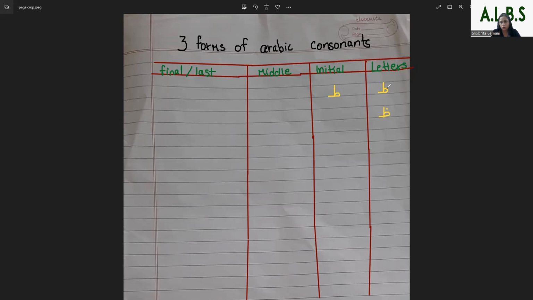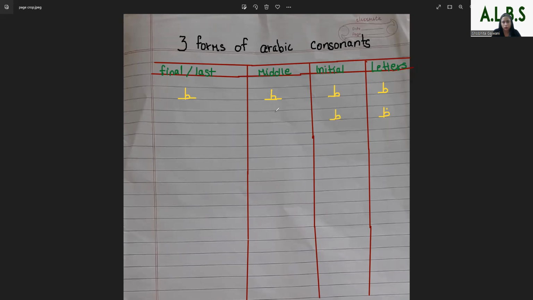In initial form, it is the letter itself. In the middle one, the structure has tails on either sides, and the final form looks like the middle form as it has tail only in the right side, and the next one, it's the structure itself.